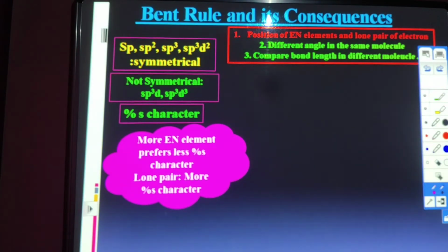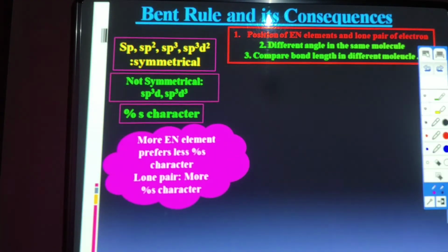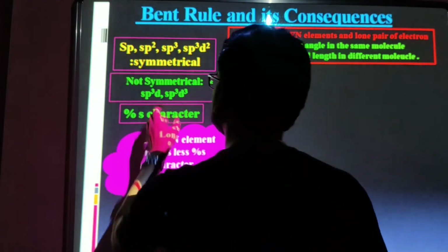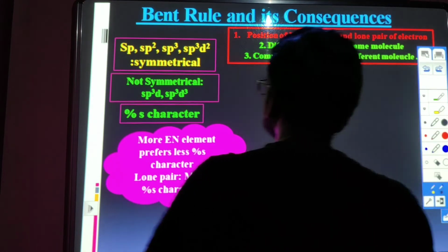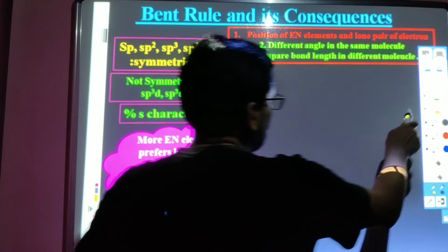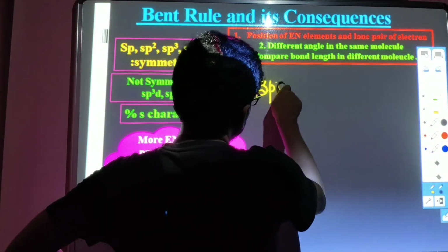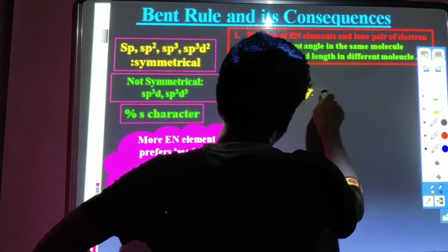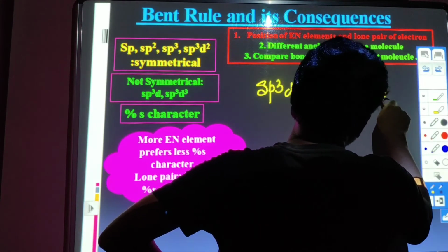Now listen to it very carefully. For sp3d orbital, what will happen? In the case of sp3d orbital, you cannot put lone pair and bond pair anywhere. What does it mean? It means that sp3d orbital is basically a combination of sp2 plus pz and dz square.